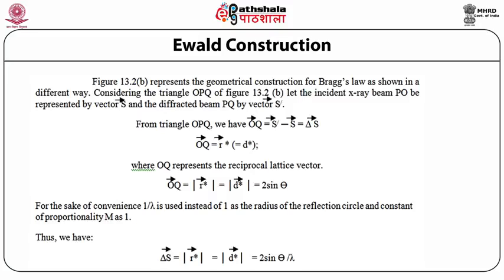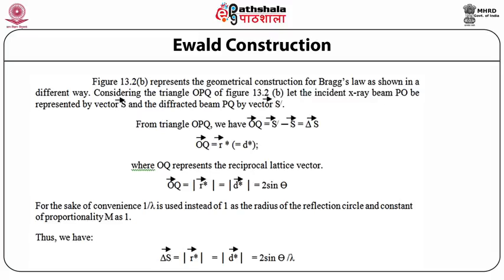Considering the triangle OPQ of figure 13.2b, let the incident X-ray beam PO be represented by the vector S and the diffracted beam PQ by the vector S prime. From triangle OPQ, we have OQ vector equal to S prime vector minus S vector equal to delta S vector.